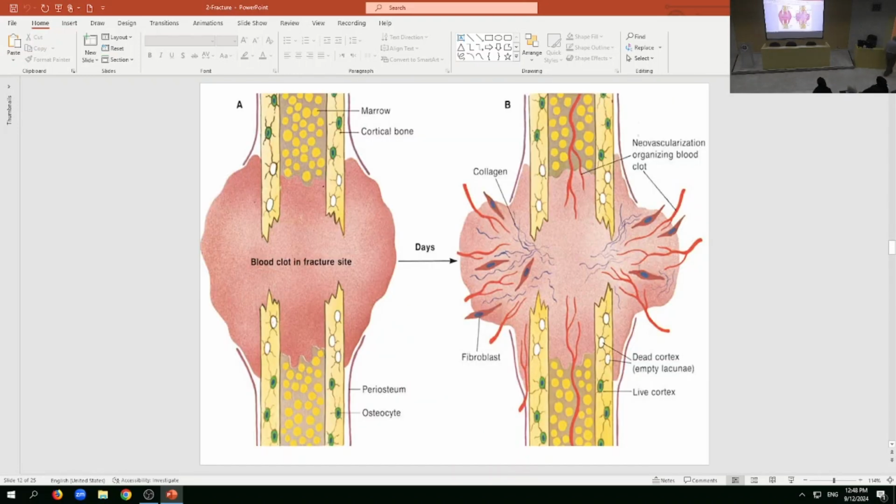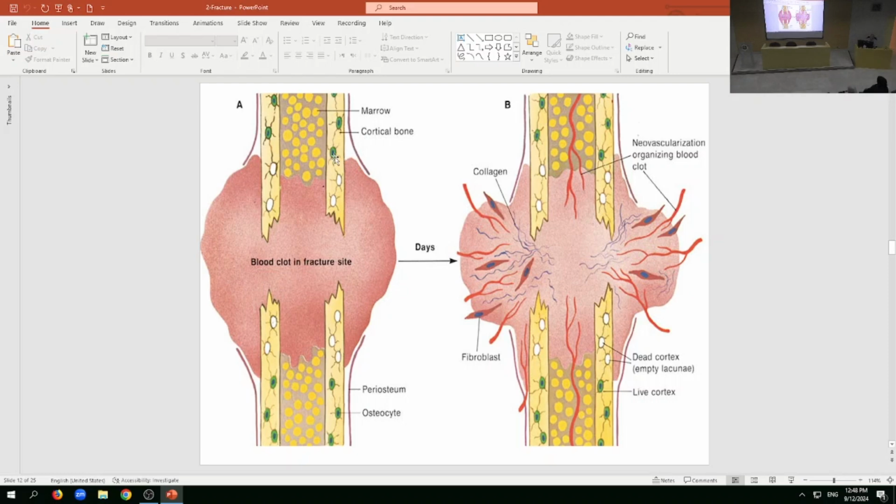I took these pictures from your book. Let me describe them, they are quite good. You have at one end a bone, which is the cortical bone. These are the osteocyte lacunae, the spaces inside which the osteocytes sit. And the lines between them are the capillary blood vessels.